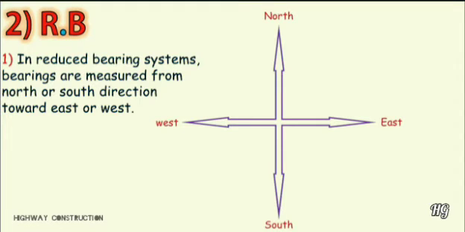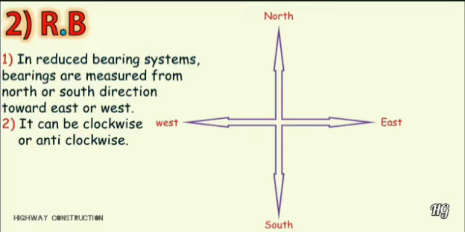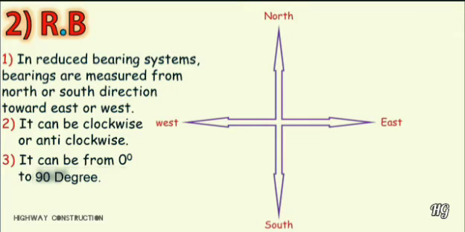So it can be clockwise or anti-clockwise. Also, this means we can take this bearing in each quadrant, and so its value must be from 0 degrees to 90 degrees.